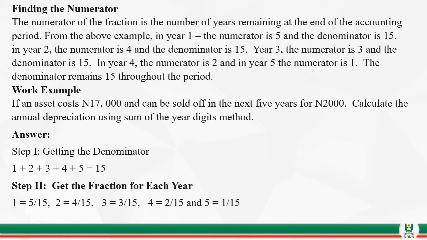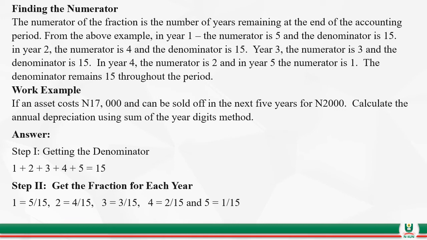So let's look at a working example. If an asset costs 17,000 naira and can be sold off in the next 5 years for 2,000, calculate the annual depreciation using the sum of the years' digit method. Getting the denominator, we sum up years 1, 2, 3, 4, 5, which gives us 15.